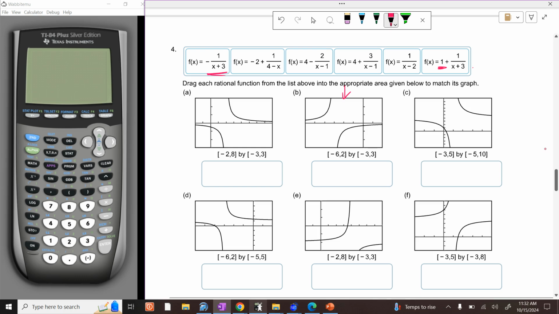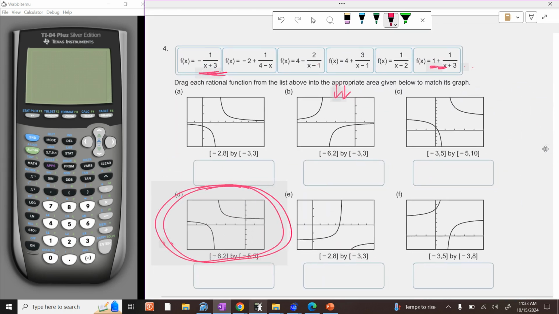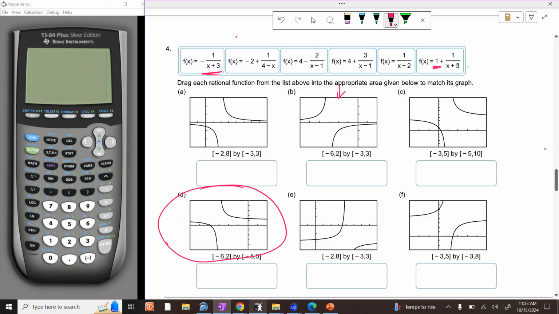So where's the other one with a -3? This one here. So this one you can see has a horizontal asymptote above 0. This one has a horizontal asymptote of 0. This one goes to here, and this one goes to here.